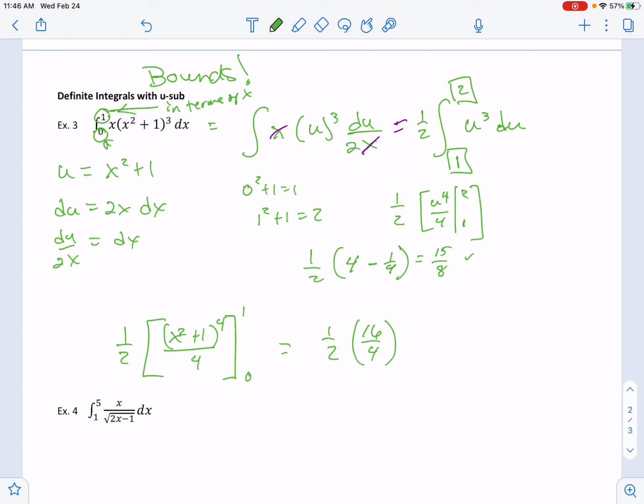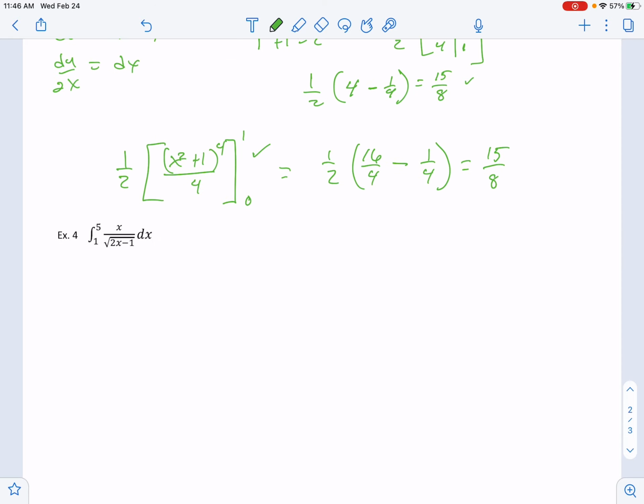Oh, sorry, and then you have to subtract. You put in 0 and you get 1/4. And you end up with 15 over 8, and you get the same answer. So here you left the u and you use the bounds in terms of u. Here we put in the x and you use the bounds in terms of x. So pay attention to your bounds.